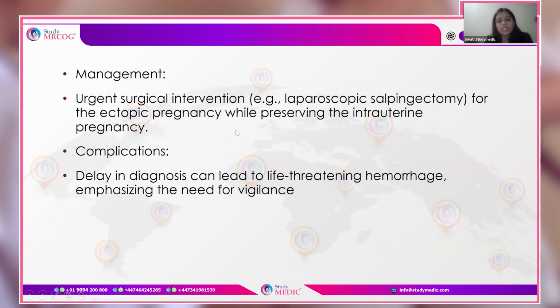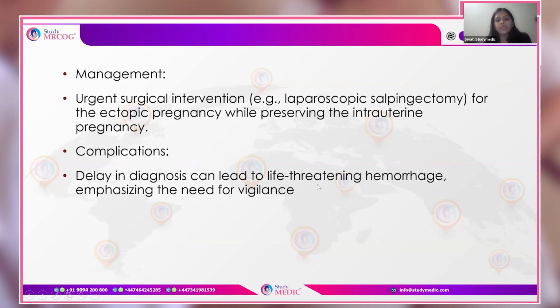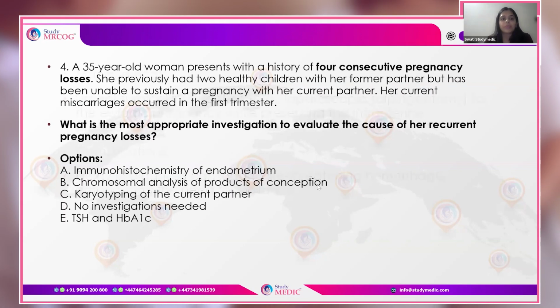So urgent surgical intervention here, as we discussed, because there are indications for surgical intervention. And while doing surgical intervention, we will try to preserve the intrauterine pregnancy. Here, if delay in diagnosis is made, then it might lead to life-threatening intra-abdominal hemorrhage.